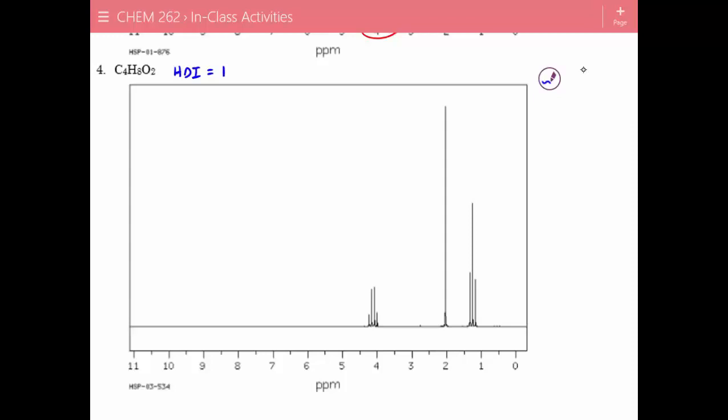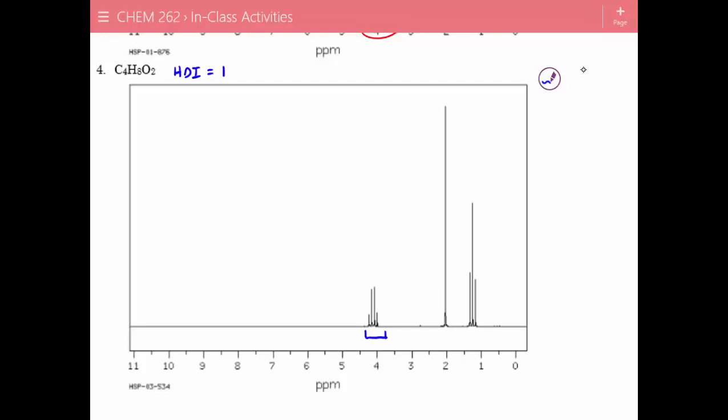That means we have either 1 pi bond or 1 ring, and then we've got a quartet, a triplet, and a singlet in here. In particular, if we look at this quartet, it's right around 4 ppm, which is very high for most protons. It means that it's either attached to a very electronegative group or potentially some sort of alkene, although if we have an alkene, it'd be much harder for it to form a quartet.